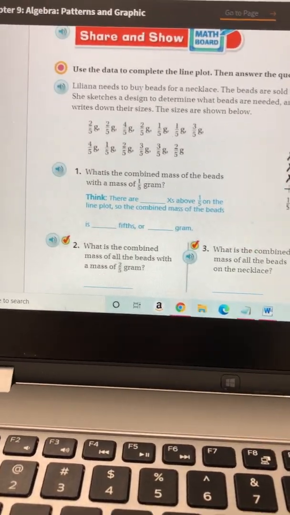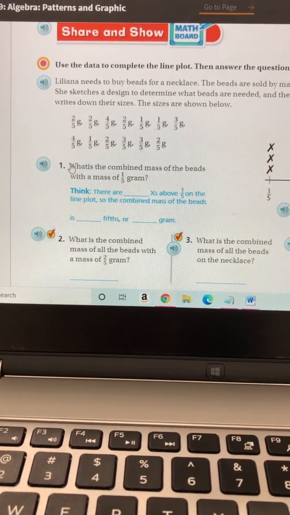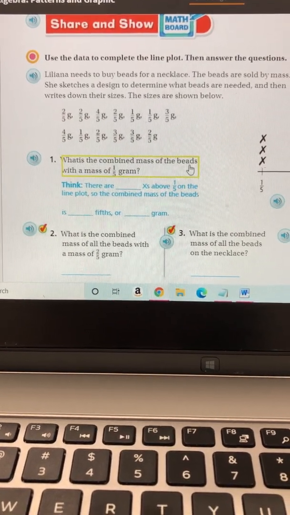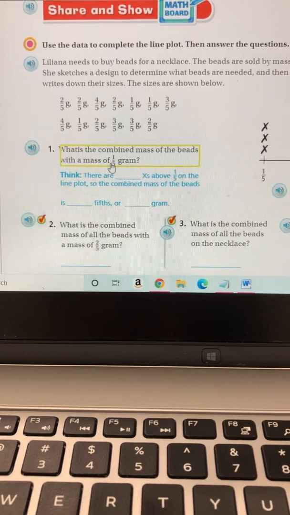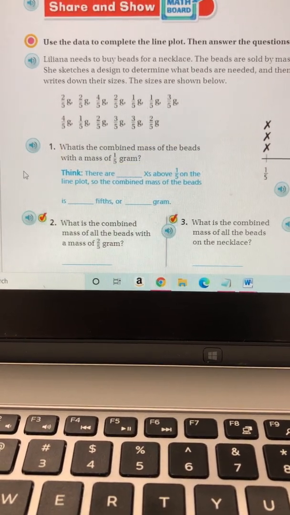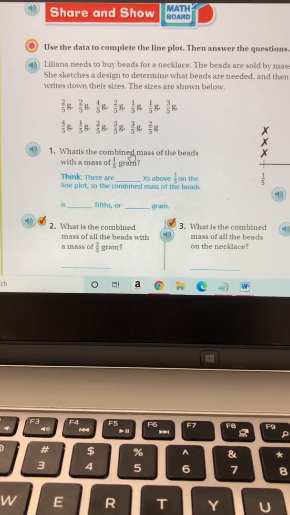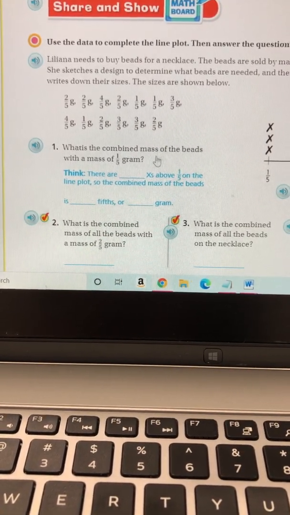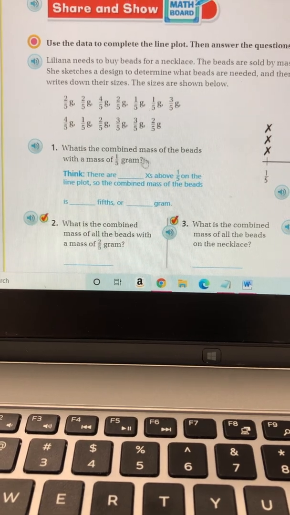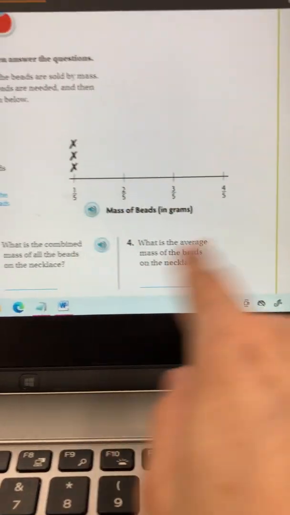Look at number 1. It says, what is the combined mass of the beads with a mass of 1/5? Now, this question is being very specific. Combined means we're going to add. They want the combined mass of the beads with a mass of 1/5 gram. So we're going to go into our line plot.